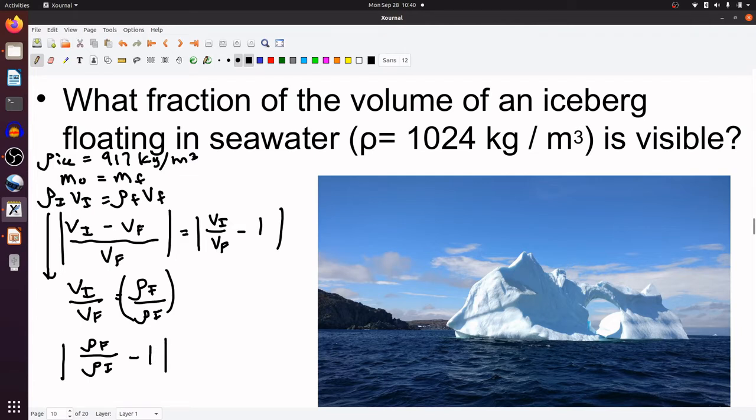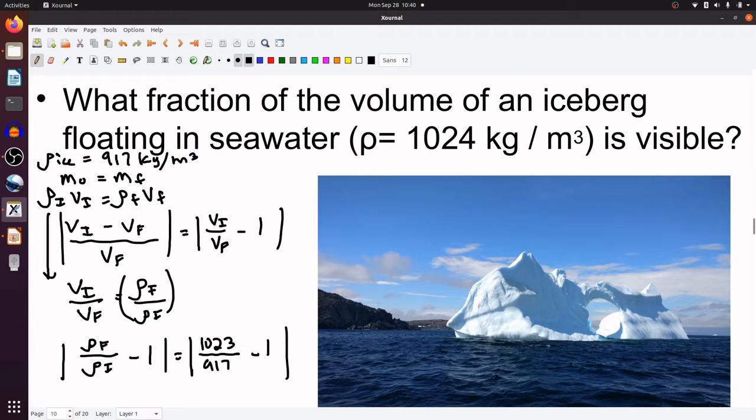Now we have something to work with because we do know the density of our fluid and we do know the density of ice. So this will be 1023, and I'll leave out the units because I know they're going to cancel, over 917 minus 1. So 1023, try this one more time, divided by 917.